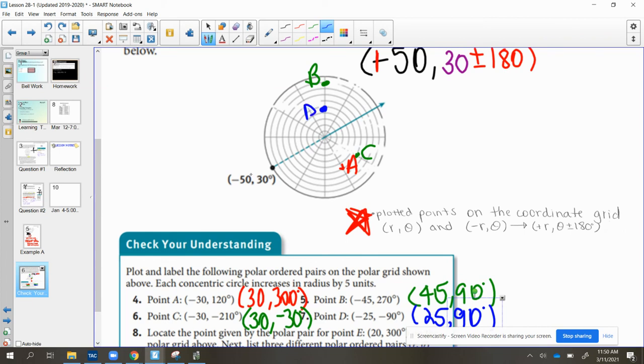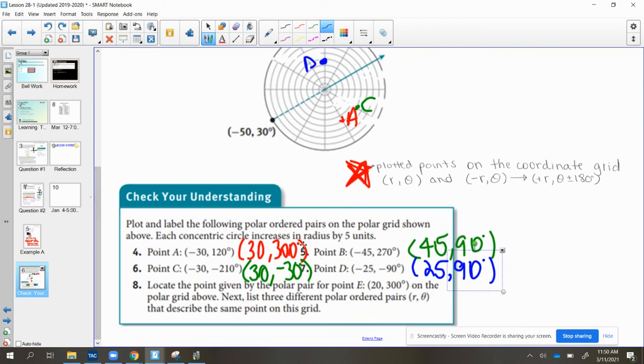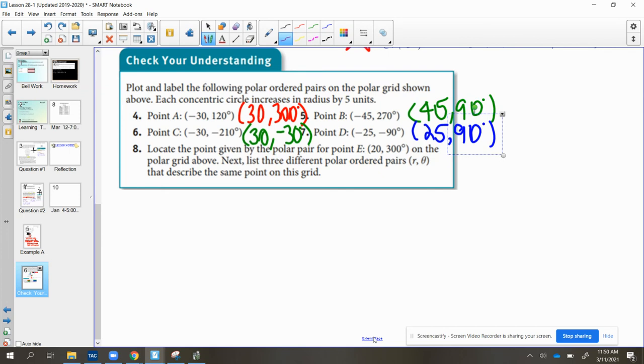And then last but not least, they want us to figure out if we have point E at 20, 300. So 20, 300 would be right here. This is point E. What are 3 other ordered pairs that could work for 20, 300? Well, obviously, if we add or subtract 360 degrees for those coterminal values, that would make sense, right?